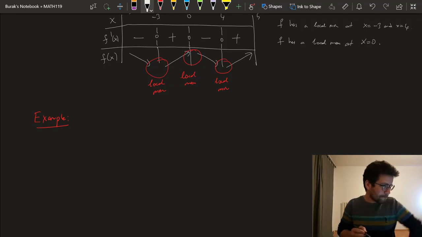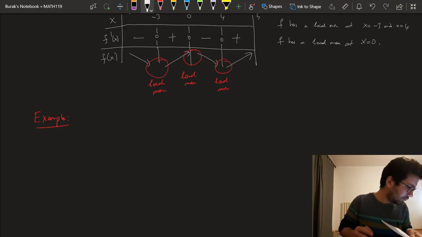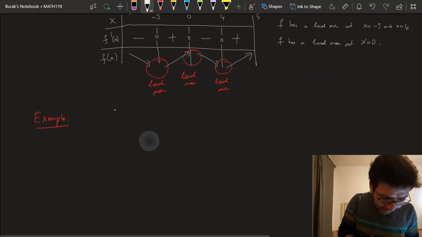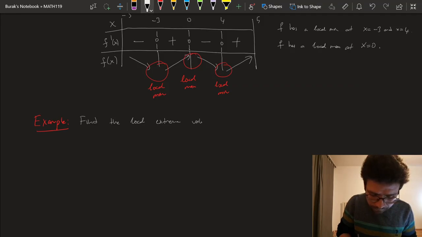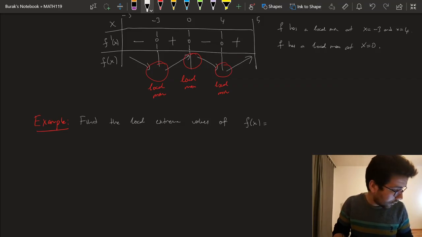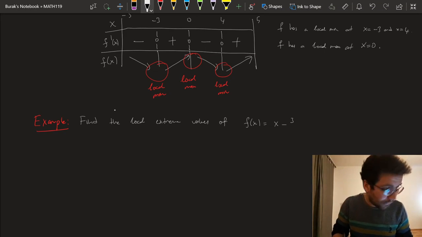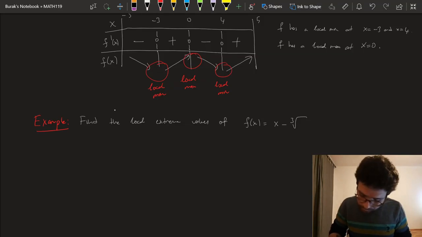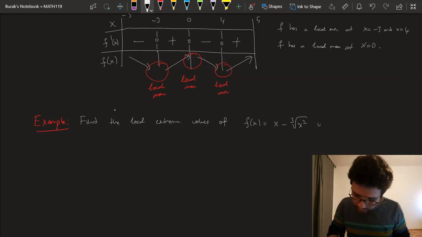So, find the local extreme values of f of x equals x minus the cube root of x squared. Okay, this is a question from your book actually. It's a nice question on the interval -1 to 2.